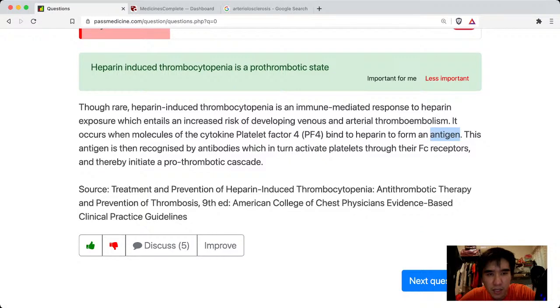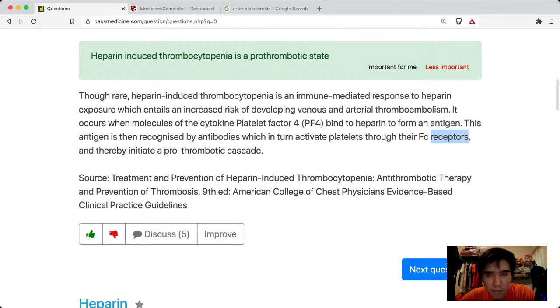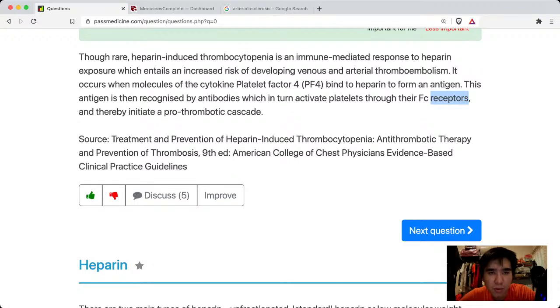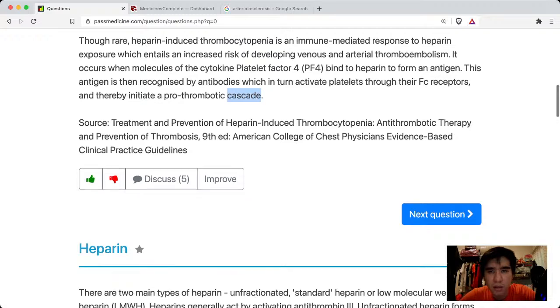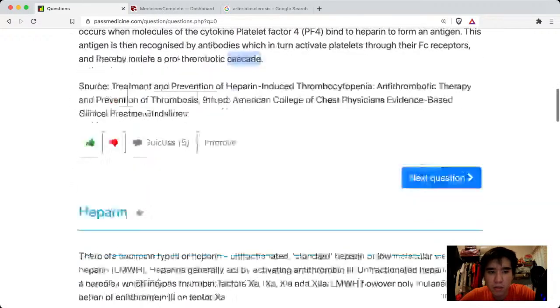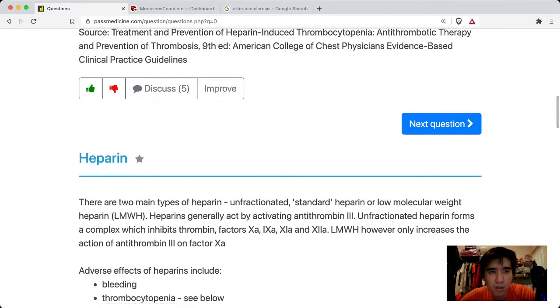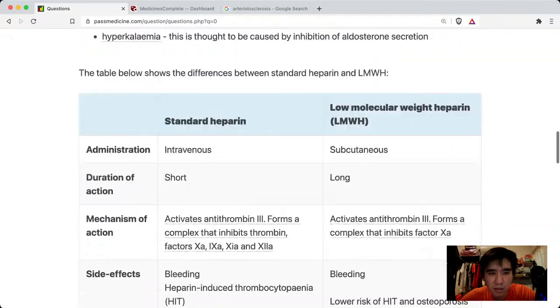This antigen is then recognized by antibodies, which in turn activate platelets through their Fc constant receptors, and thereby initiate a prothrombotic cascade. I guess that's a thing.